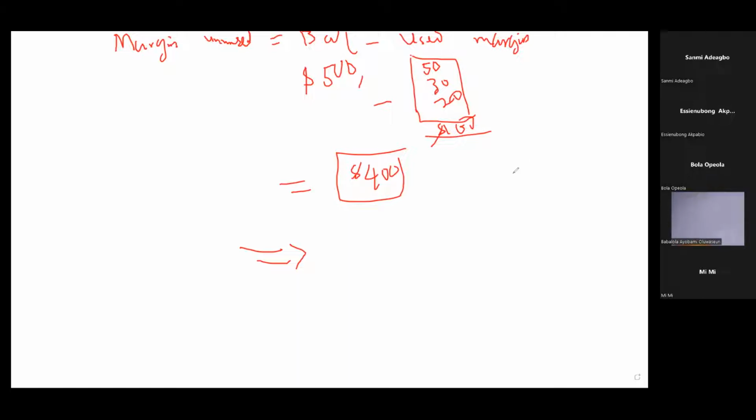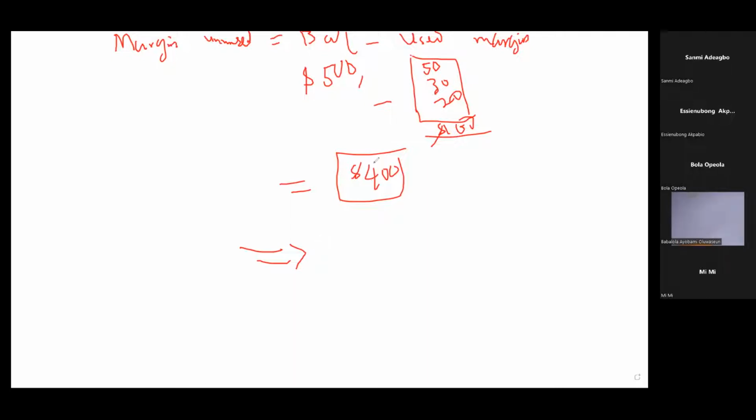When you get to a particular level, you get a warning that your free margin is getting so used up that you might not be able to open fresh trades. You can either close the ones you have ongoing or you fund more. That's what we call margin call. It's like a warning.